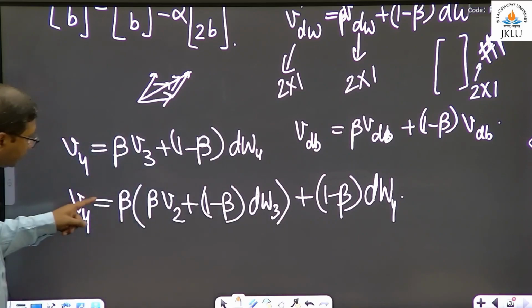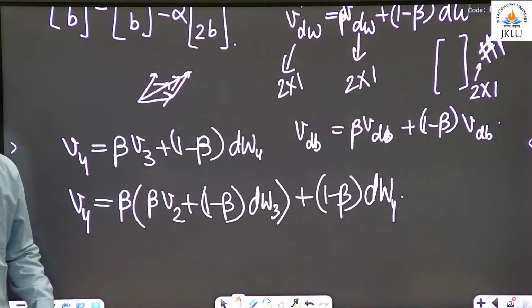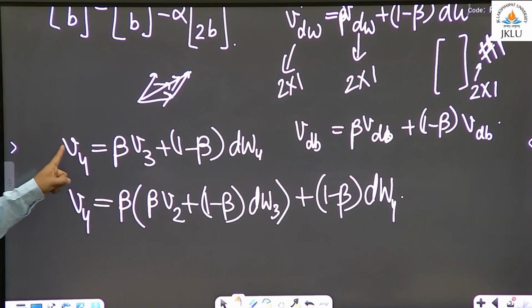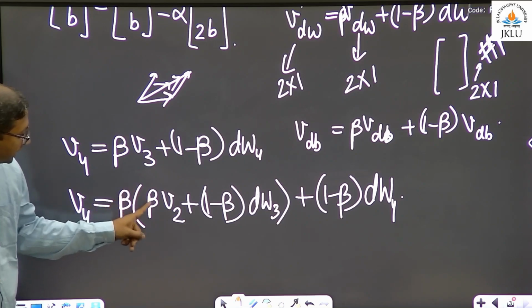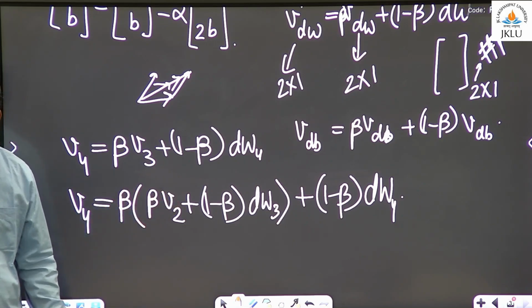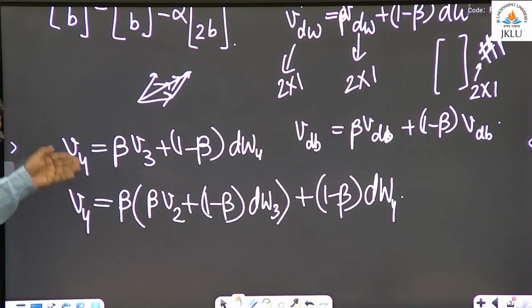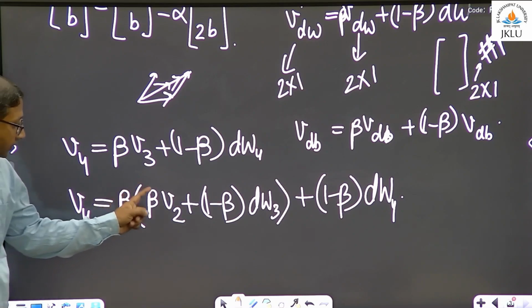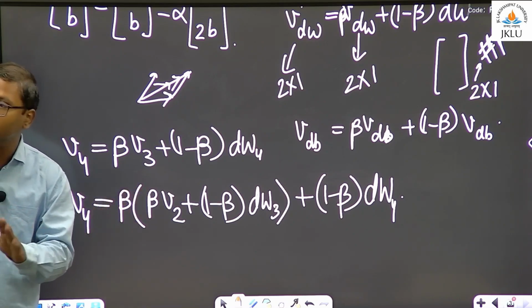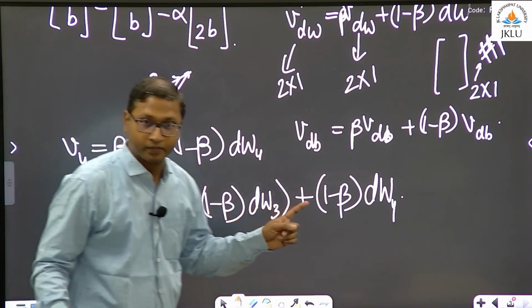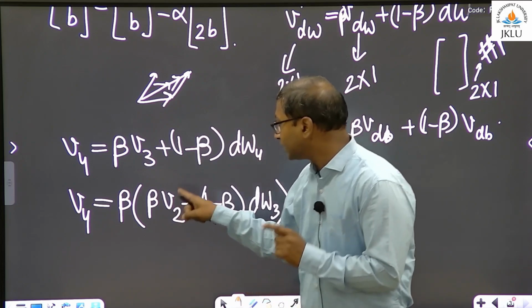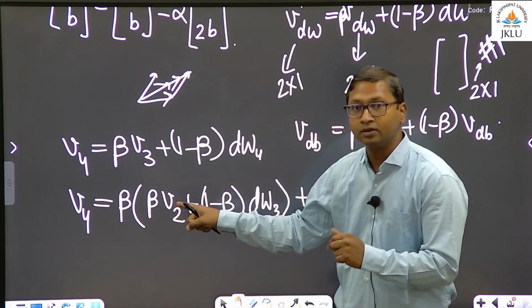How will I write V2 in terms of V1? See, when you look at V4, it is a function of beta square V2. If you compute V10, it will have beta to the power 8 or 9, and then V2 will be coming there. What does this mean? Contribution of V2 will be less.